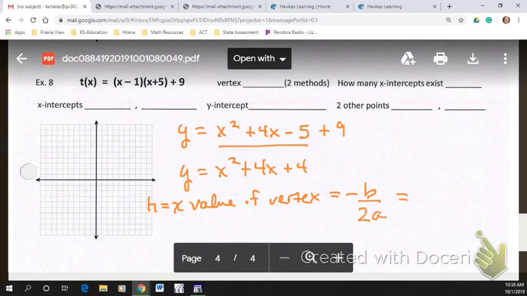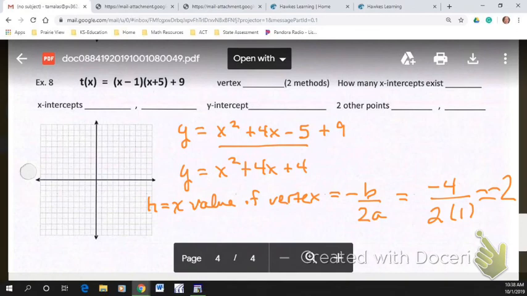Okay, well, what's the opposite of my b value? The opposite of my b value would be -4, over 2 times the a value. What's my a value? The coefficient of the x squared would be a 1. So that's equal to -4 divided by 2, which is -2.